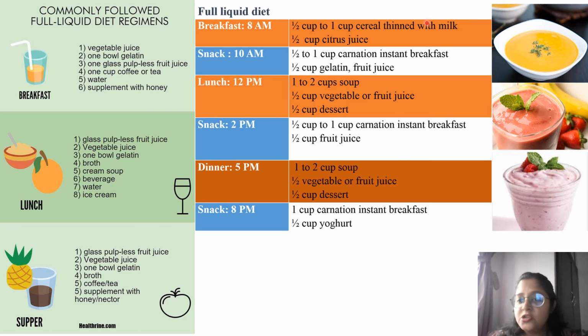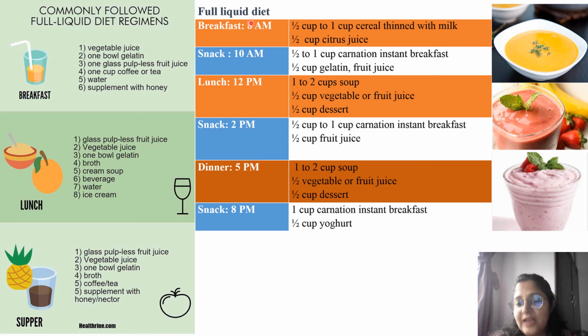As you can see in these pictures, the thickness and consistency is different between the clear diet and the full diet. Now in lunch, again, vegetable juice, broth, cream soup you can give, ice creams can be given. And similarly in the supper you can give.